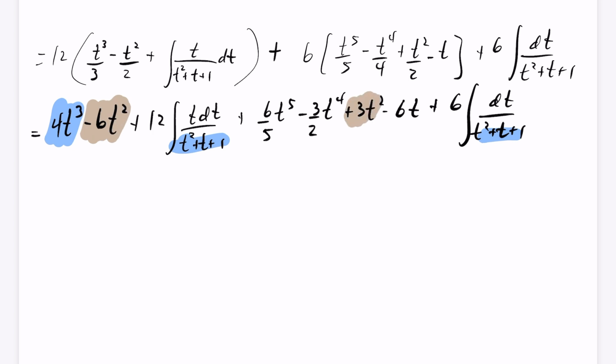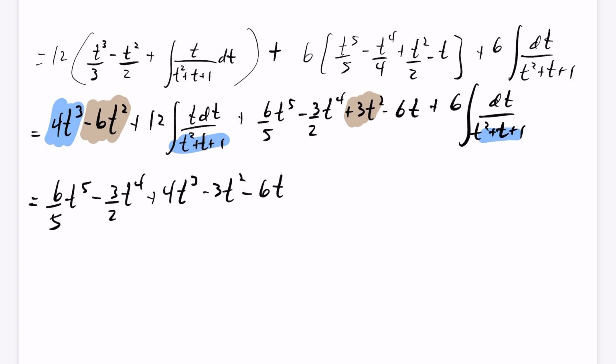So putting this together here, and I'll go by order of degree, this is 6/5 t to the 5th minus 3/2 t to the 4th plus 4t cubed. Combining those t squareds together becomes minus 3t squared minus 6t plus the integral of 12t plus 6 over t squared plus t plus 1. And again, that's with respect to dt.